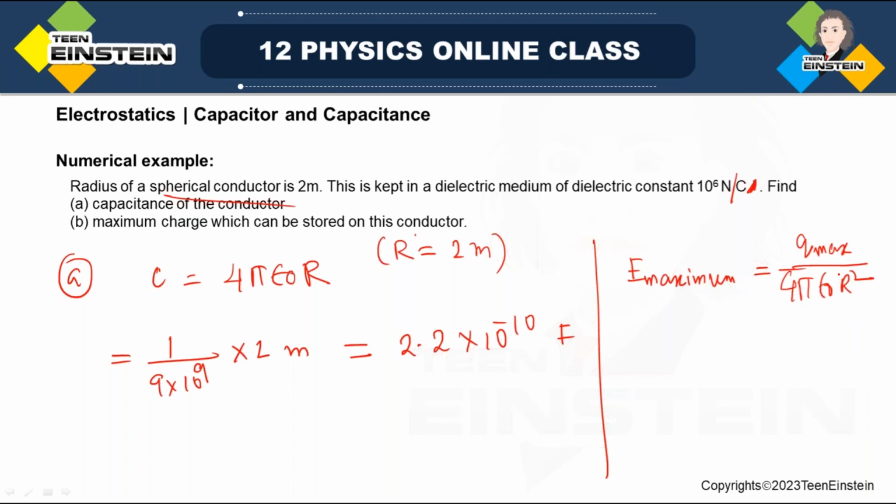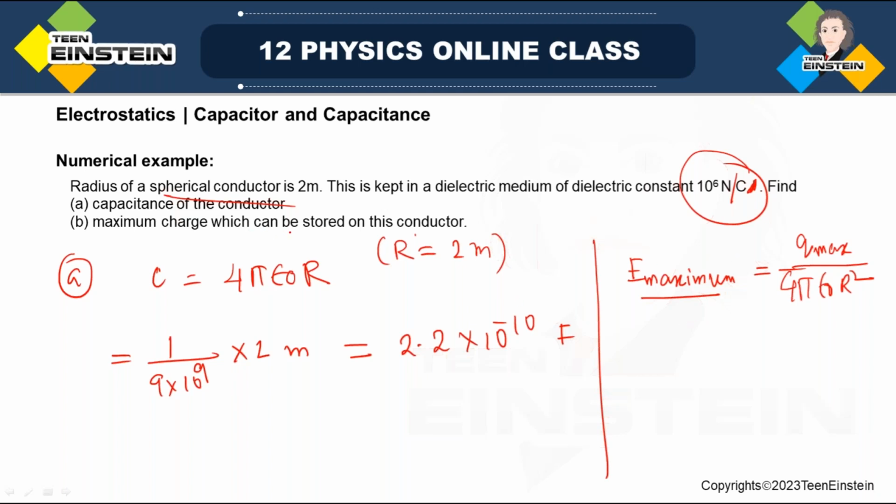The maximum electric field must be equal to this constant, the dielectric strength. Beyond that, the dielectric material will be ionized, and the capacitor will not act as a capacitor any further.